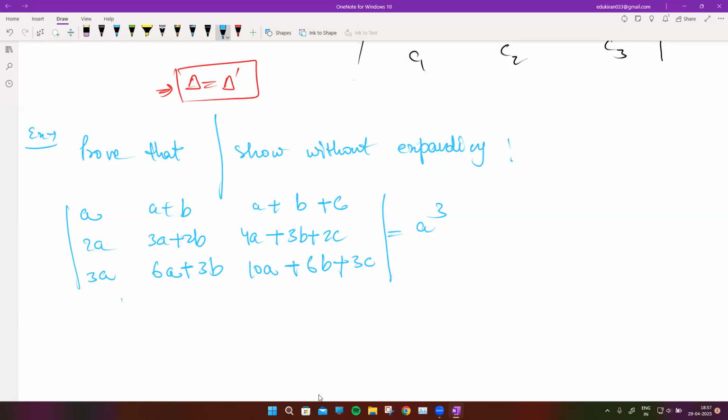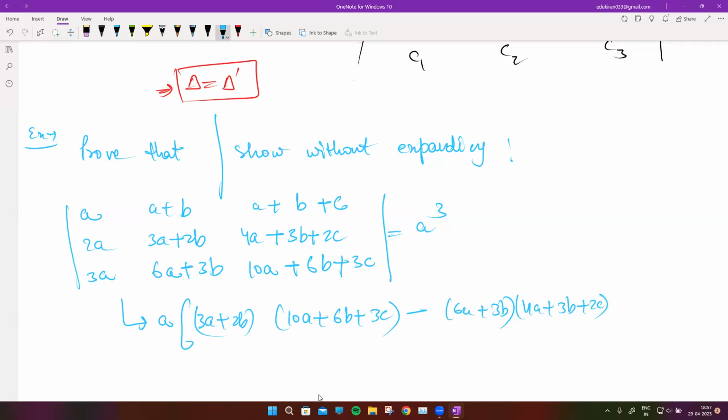Now, one way is we can find the cofactors, and using that we can expand this like this: 3A plus 2B into 10A plus 6B plus 3C minus 6A plus 3B into 4A plus 3B plus 2C. And then we'll go with minus times A plus B and this.